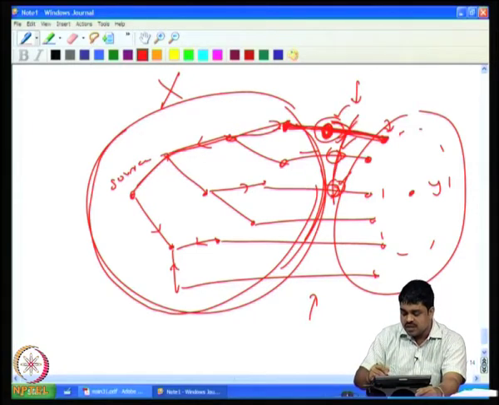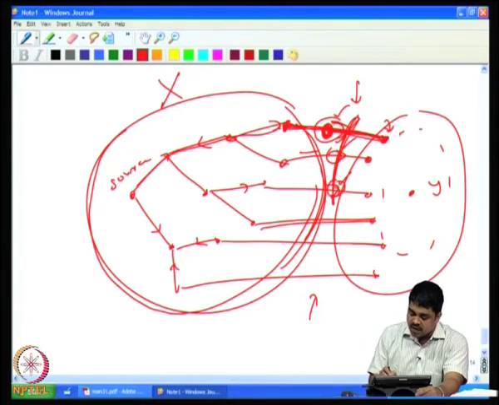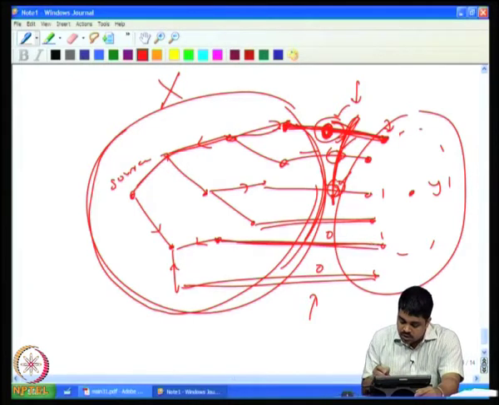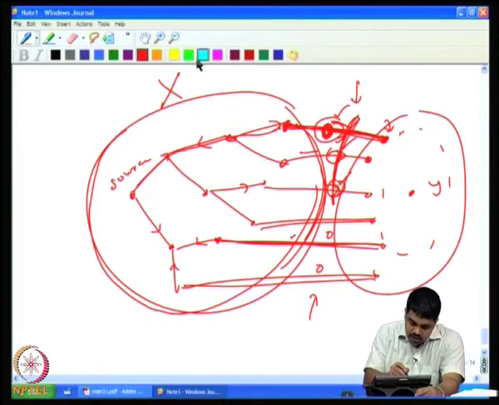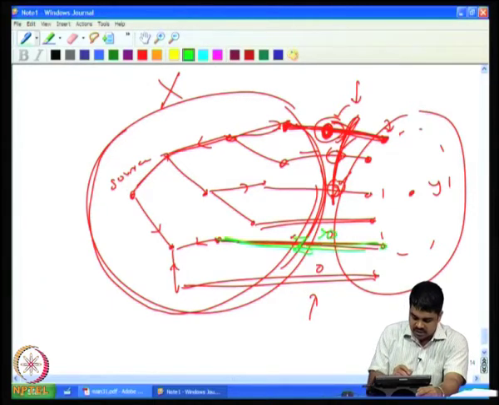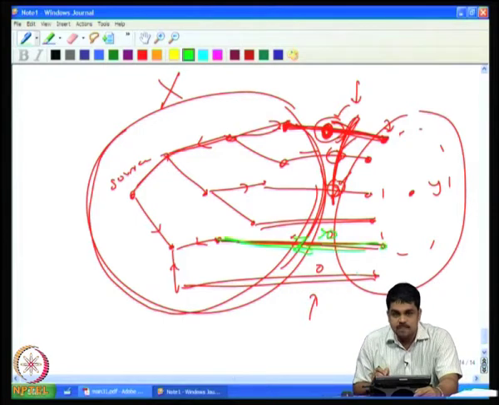So, all the forward edges are saturated here, and also all the reverse edges have 0 flow, because if even one was non-zero, if there was a flow edge like this with a value greater than 0, then we could have captured these vertices also as vertices which can be reached from x via an unsaturated path.